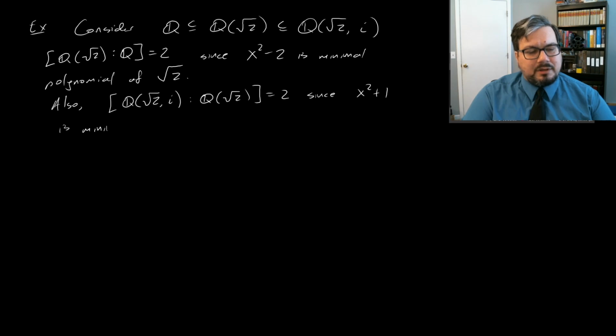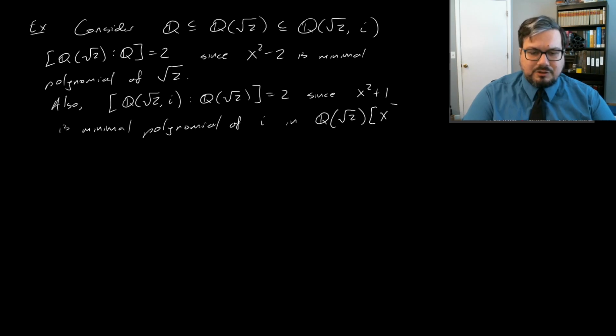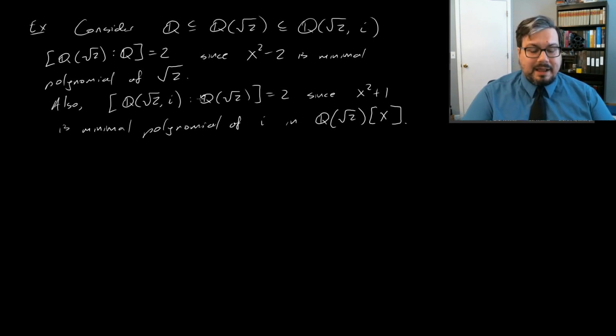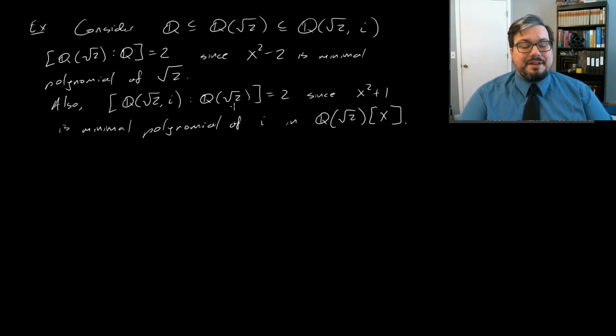is the minimal polynomial of I in the polynomial ring Q(√2)[x]. So here we need to be a little bit careful, because now if we want to study this field extension from Q(√2, I) over Q(√2), we need to ask what is the degree of the minimal polynomial of I over Q(√2).